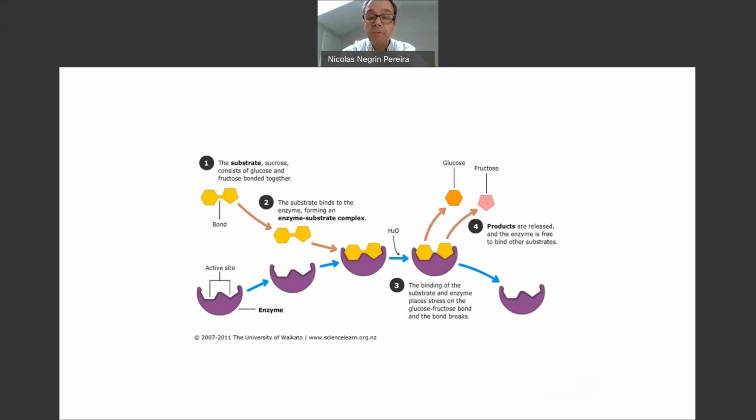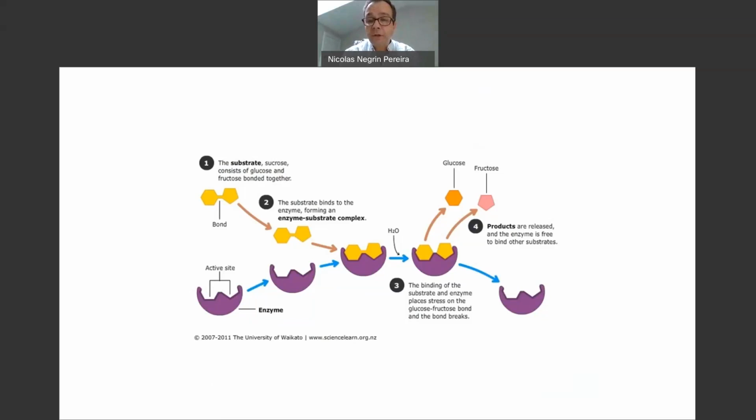So some of the enzymes make a big selective process as to which amino acids or peptides are going to bind, to break down the peptide bond and free the amino acids. But anyway, we have the enzyme, again really specific for the substrate, and with the binding of the substrate to the enzyme, we start putting a lot of stress on this glucose-fructose bond to break it.